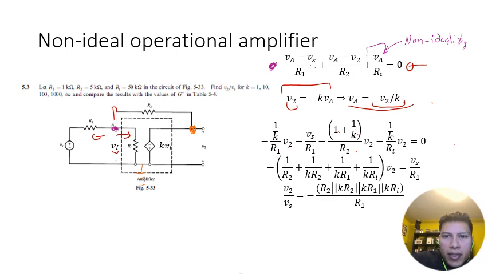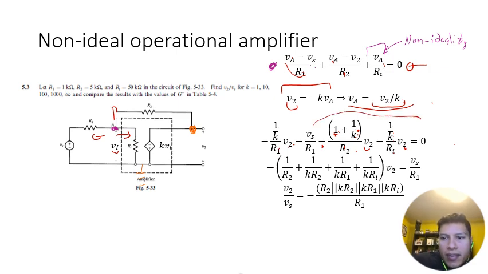So basically, there's a 1 over KR1, and then there's a 1 over KR2. But then there's also a V2 here, so it's 1 plus 1 over K. And there's still a minus sign here. And then this third term becomes 1 over KRI V2.